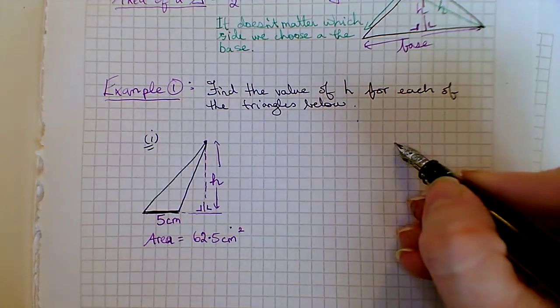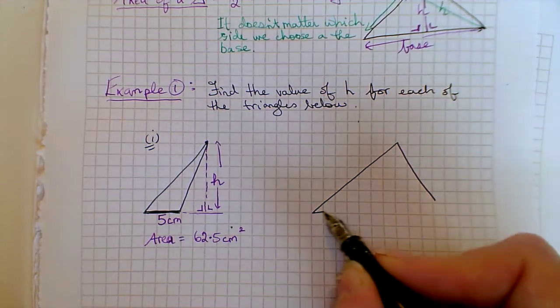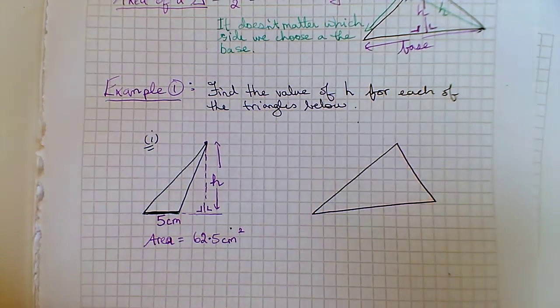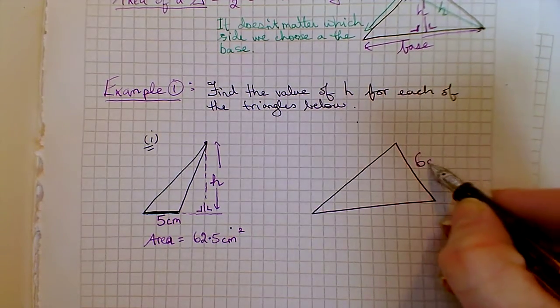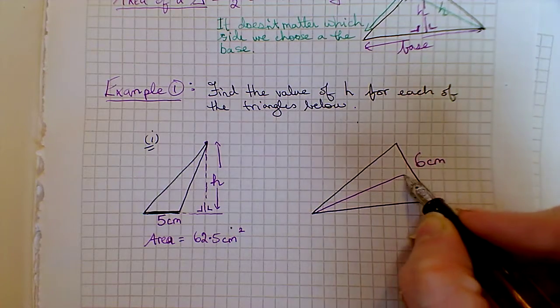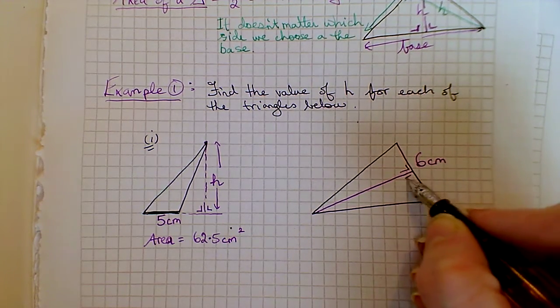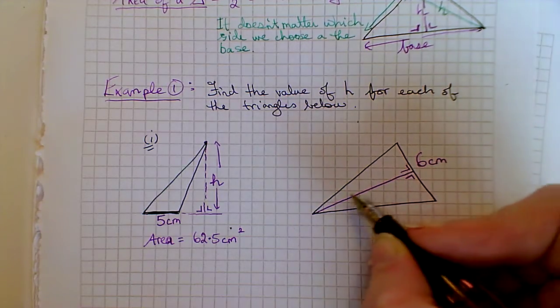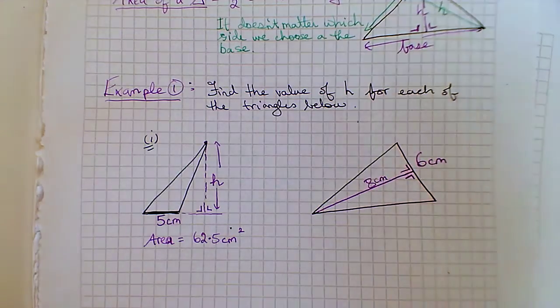And the second triangle looks like this. And I have that this is 6 centimeters down here. And that this perpendicular height, not drawn the best, is 8 centimeters.